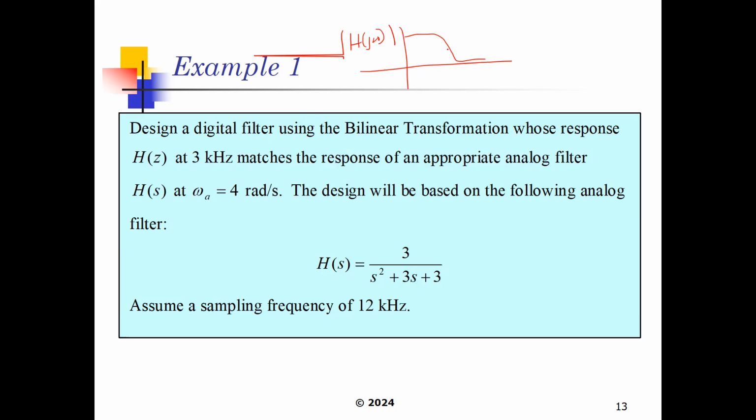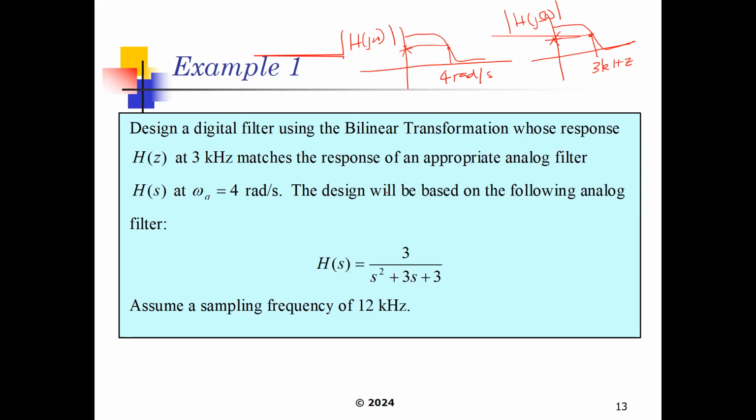So at 4 radians per second here, and I have magnitude H j omega here, whatever this does at 3 kilohertz, the response of HS at 4 radians per second, this value here, and this value here for HZ, right?